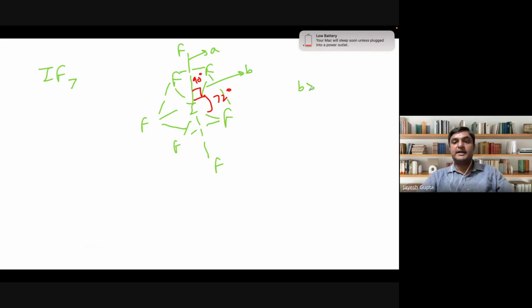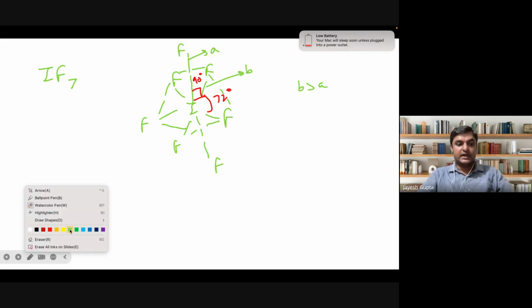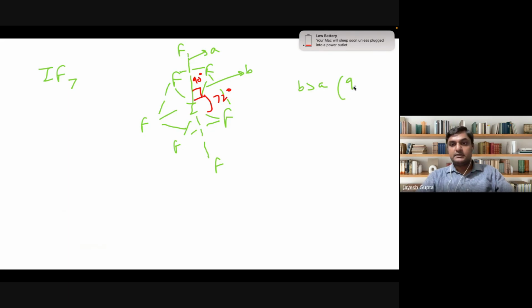So that's why B is greater than A. Because you can write the reason here: the 90 degree bond angle is higher, percentage s character is higher, EN is higher, bond length decreases.